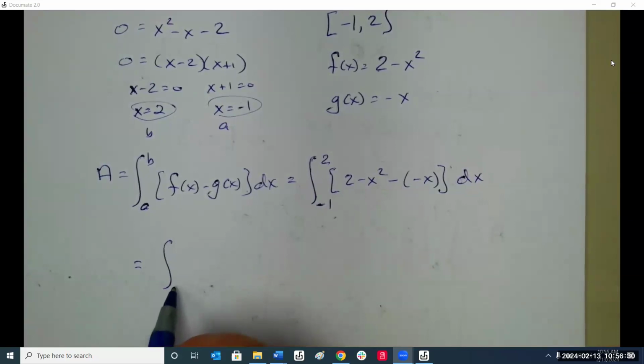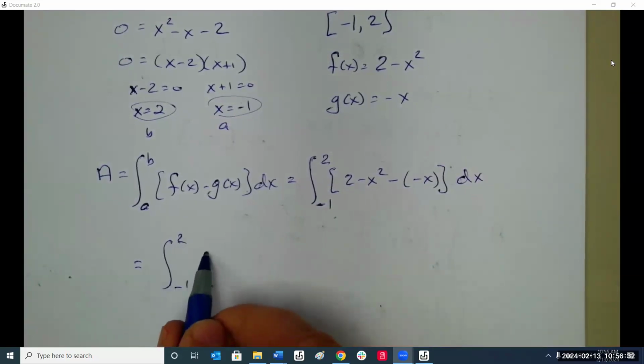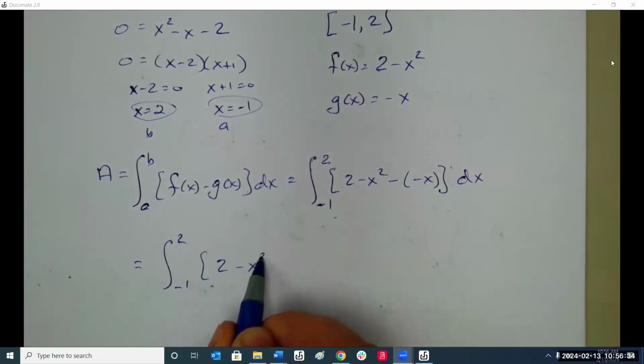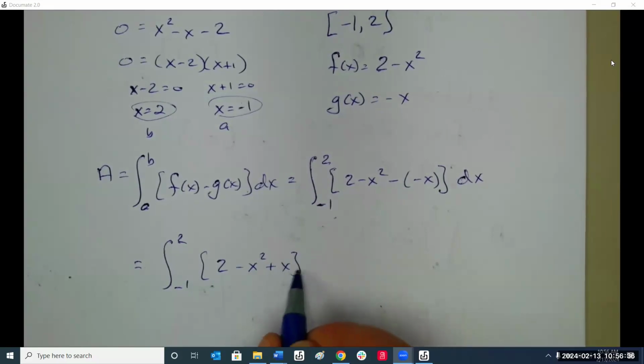So we have the integral from negative 1 to 2 of 2 minus x squared plus x dx.